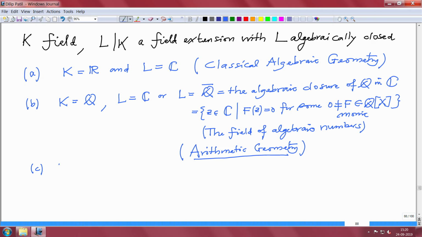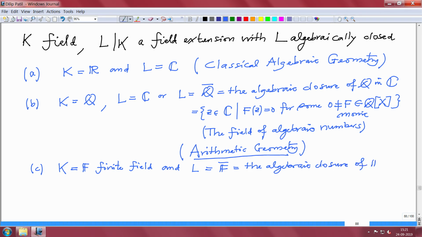That is, K is F, a finite field, and L is F bar, the algebraic closure of F. We have assumed that every field has an algebraic closure. So, it depends on what you want to do, it depends on the base field as well as the upper field that you choose.